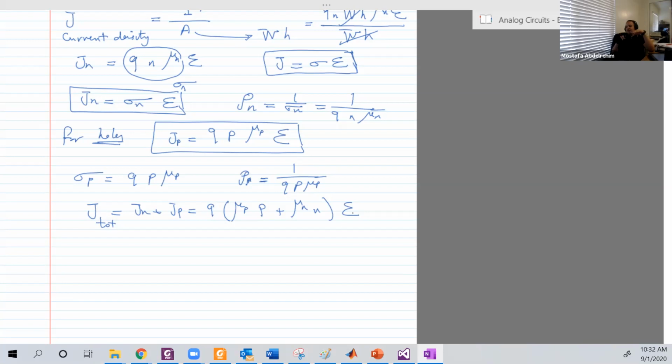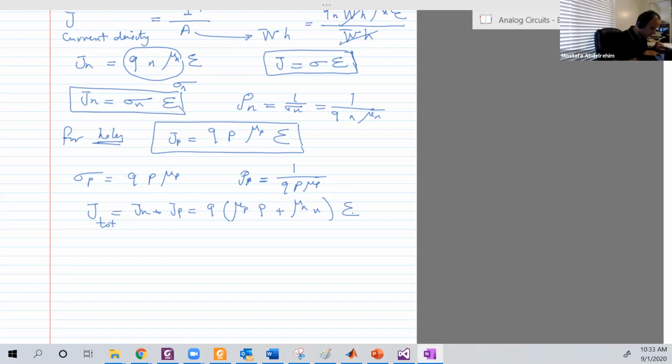And remember, there are no actual holes; there are electrons that move from a gap to a gap just to fill these gaps or holes. It's just a convention that we are using, the concept of a hole.